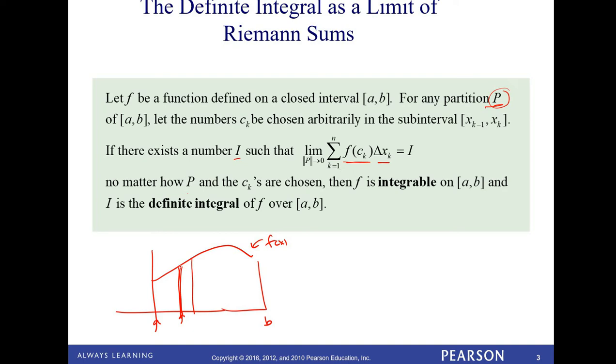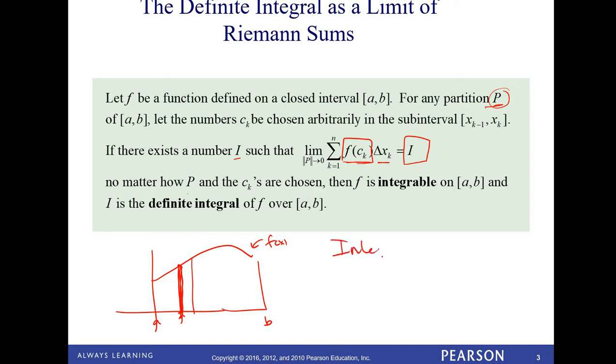And no matter how small I make the interval, if I pick a function value in the interval and do my width times my height, just like I've done for my Riemann sums, and I add these all up, I will get a value I that we call the integral.